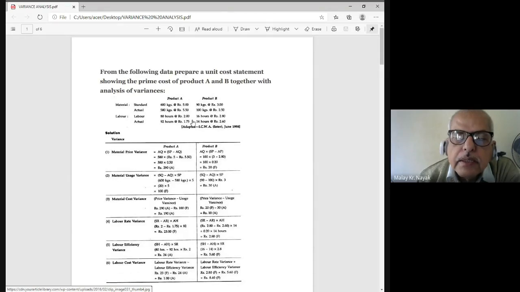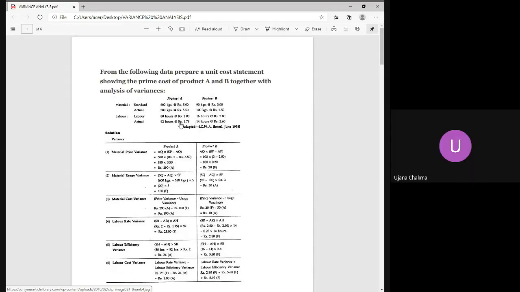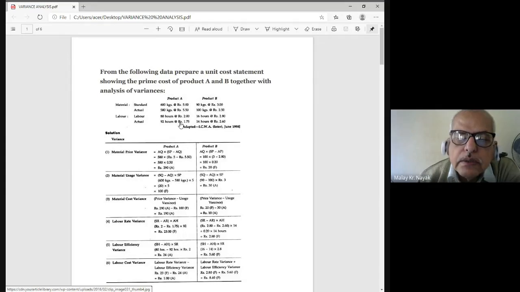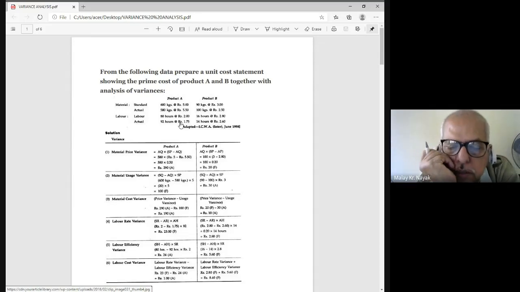What is the figure? 161 minus 160 equals 1.